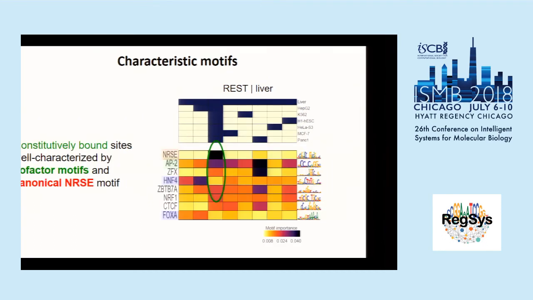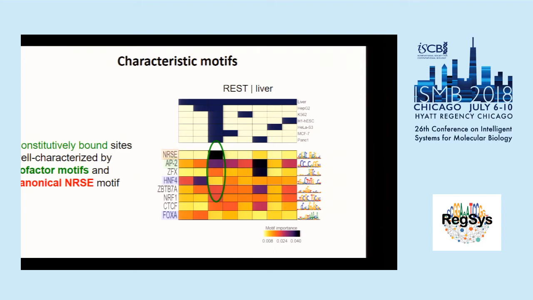And we can go further and plot the motifs as we did before. Much more interesting picture here. Constitutively bound sites are the only ones which really are distinguished by the canonical motif from the background genome, as well as other cofactors. The canonical motif does not serve at all to distinguish other subsets from the genome.